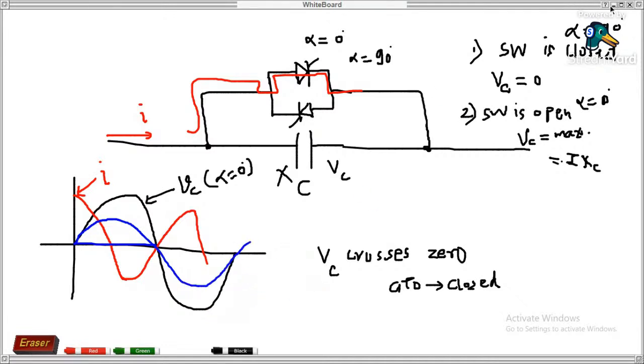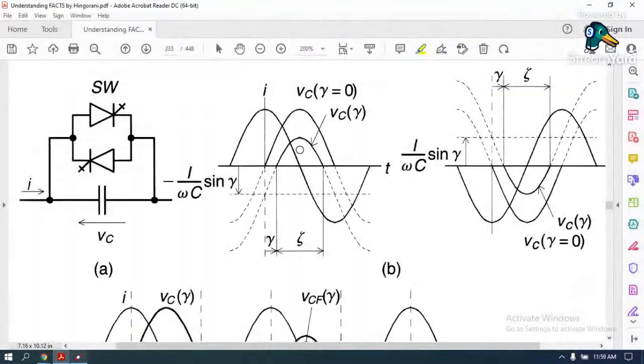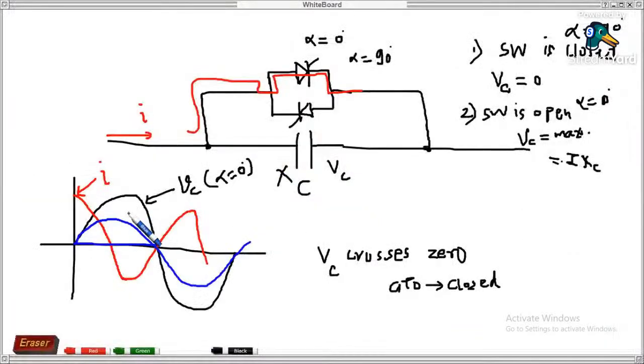Correct? You can see here, this is what is shown here. For any angle, that firing angle is good. Sorry, I forgot this, let me undo it. If the firing angle is like 45 degrees, obviously it will be delayed by 45 degrees, not from the origin. And this is what you call the firing angle, 45 degrees. Correct?